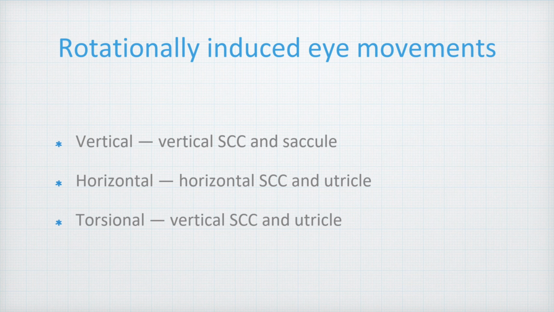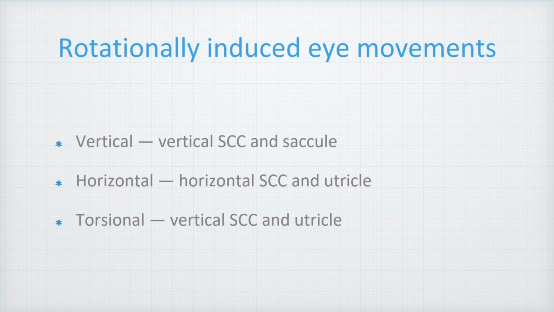Now, because of these movements, there are some movements of the eyeball as well, which are largely rotational in nature. Now, these rotational movements of the eyeballs can be described by three terms. There is the vertical movement of the eyeballs, horizontal movement of the eyeballs, and the rotatory or torsional movements of the eyeballs.